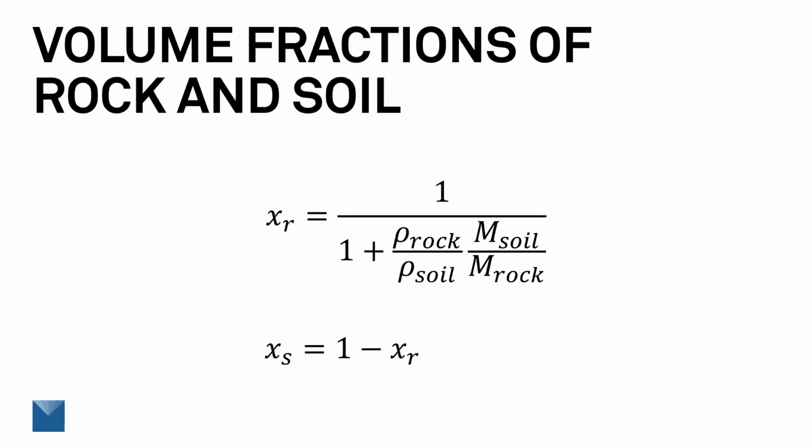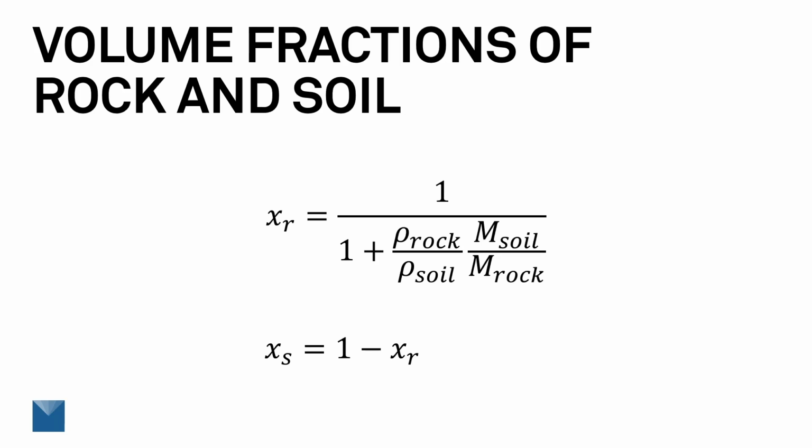And we also need to know the volume fractions, but what we're likely to actually know are the mass fractions and the densities of the soil and the rock. And so this equation allows us to convert from mass fraction to volume fraction. Rho rock and rho soil are the densities of the rock, and this is the wet density now of the soil.